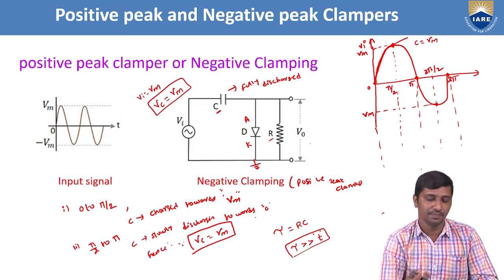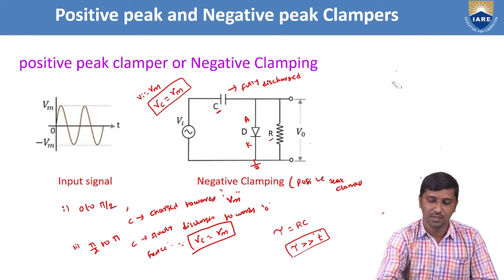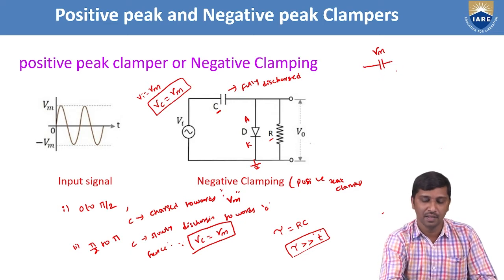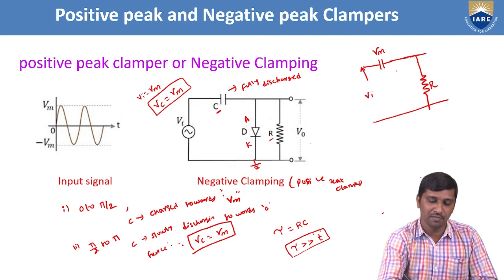So for this case, I'm going to consider the equivalent circuit. Now the capacitor is replaced with a voltage source, whose voltage is represented as Vm, and the diode is conducting, so it is replaced with a short circuit, and then there is a parallel resistance R. Here we are applying Vi, and we are going to measure V0.